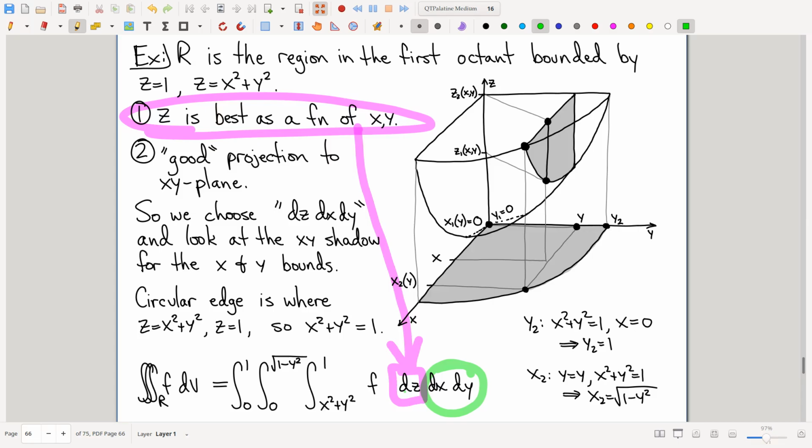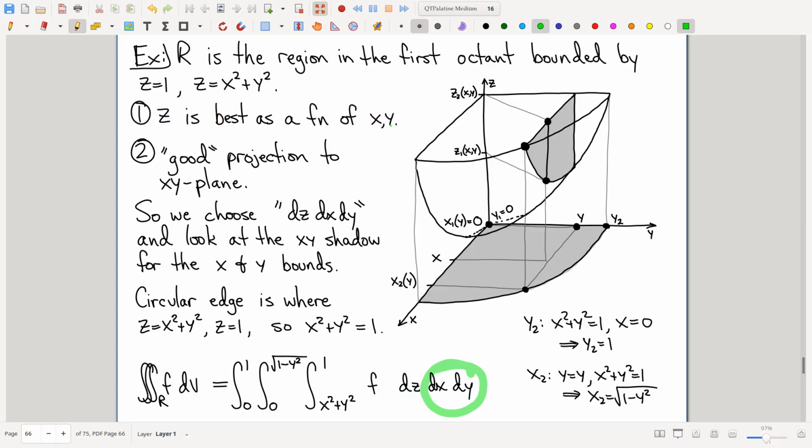Okay. All right. Now, for your consideration, since we've designated x and y as our outside two variables, let's, guided by that, and you'll see why this works out so well in just a moment, think about what the projection looks like.